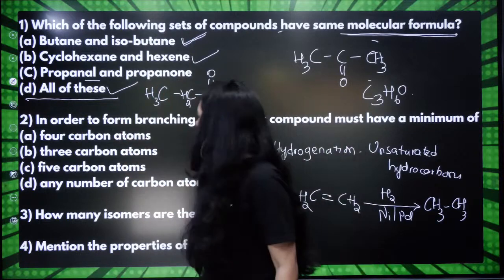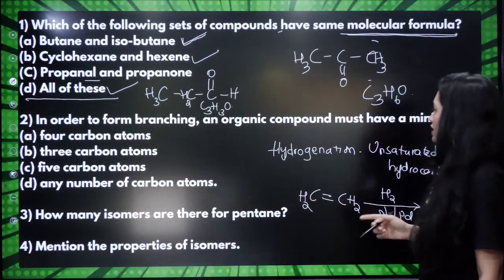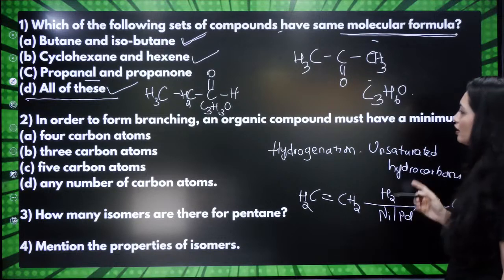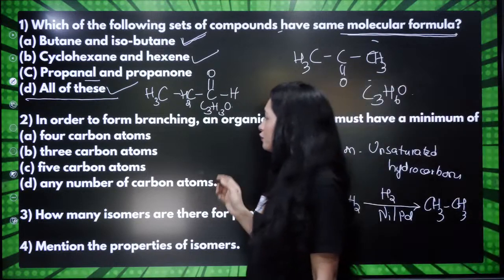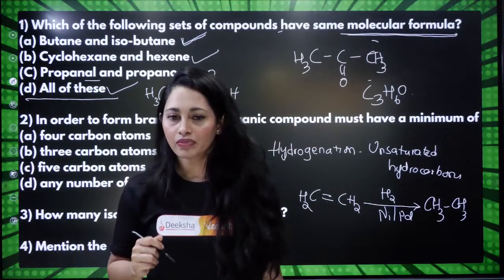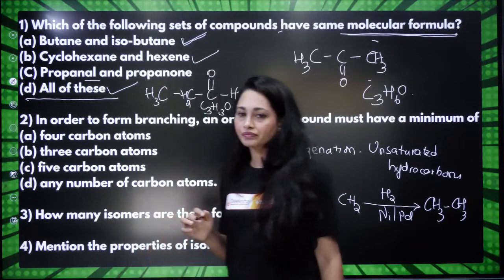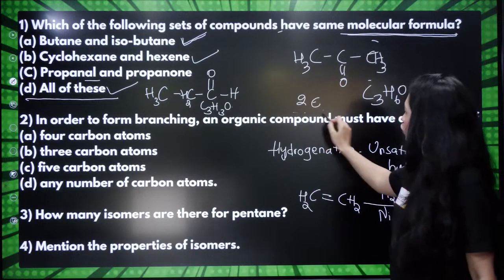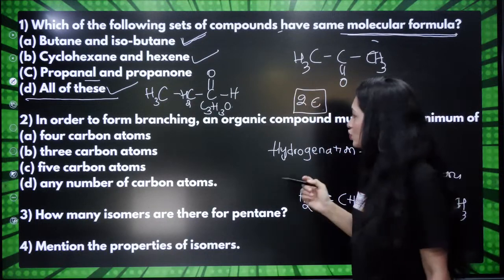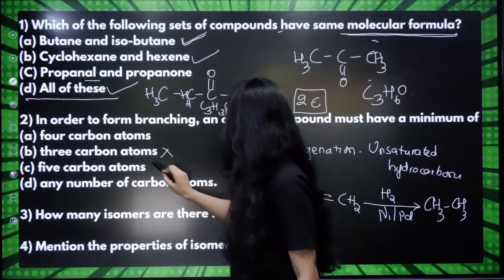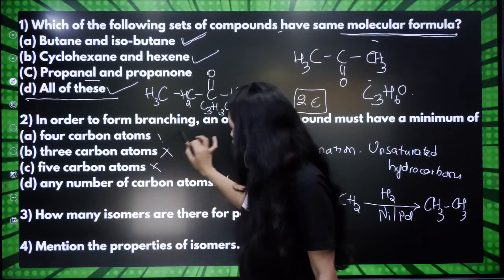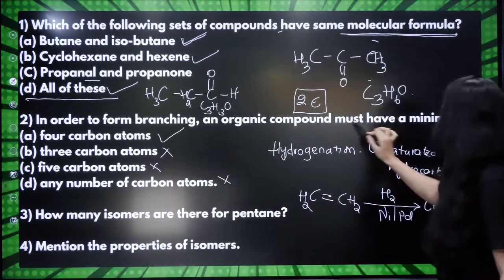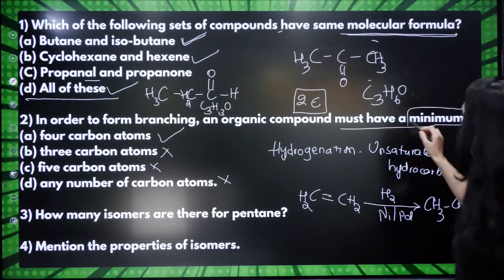Next question. In order to form branching, an organic compound must have a minimum of dash carbon atoms. How many carbon atoms? If 2 carbon atoms are there, can it form isomers? No. 3? No. It is 4 carbon atoms.